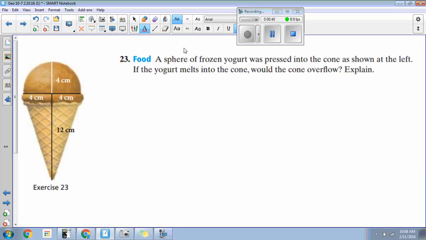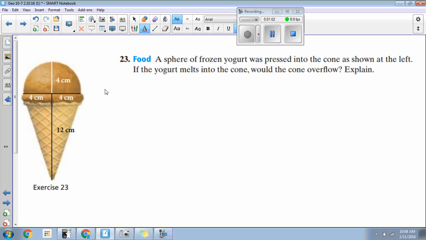Alright, here's problem 23. This one seems to give people trouble, but all you really have to do here is calculate two volumes. First, the volume of the frozen yogurt, and that's a sphere, so you've got a radius of 4 here. Your volume formula is going to be 4/3 pi r cubed. So you plug that all in, you calculate it out, you see what it is.